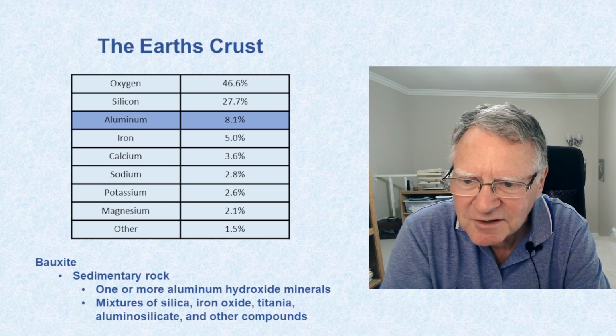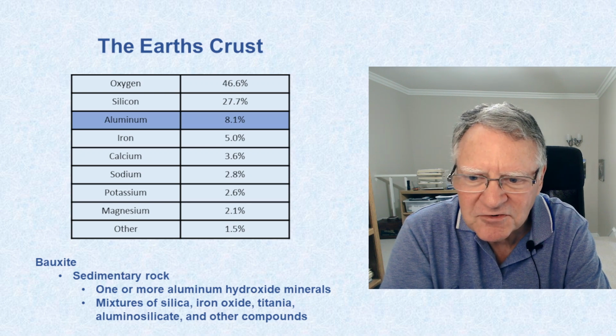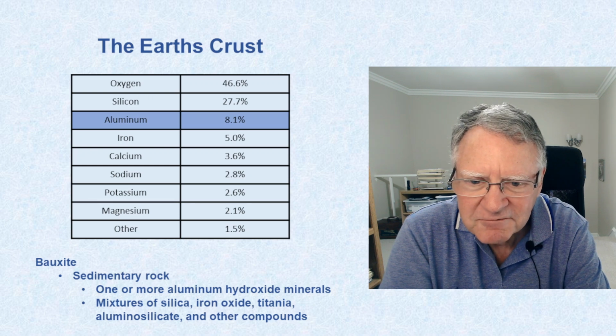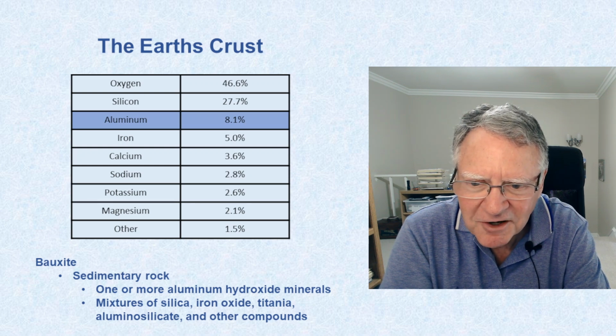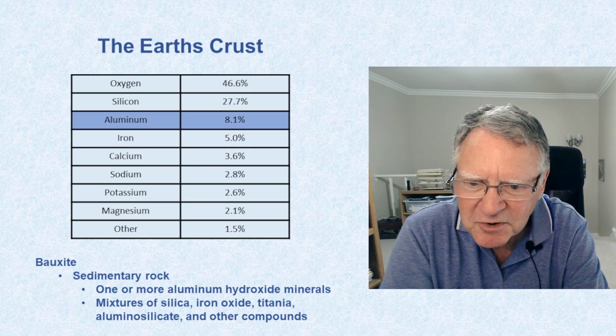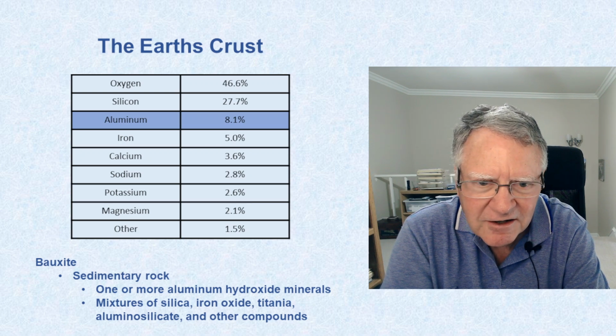And typically, what is mined is bauxite. Bauxite is a sedimentary rock, and it's composed of various minerals, as all rocks are. In the case of bauxite, it's composed of aluminum hydroxide minerals and some mixtures of silica, iron oxide, and some other stuff.